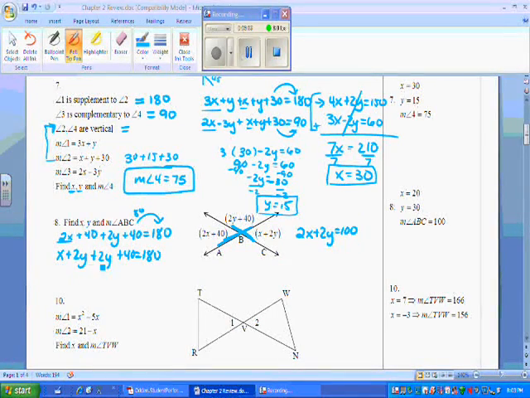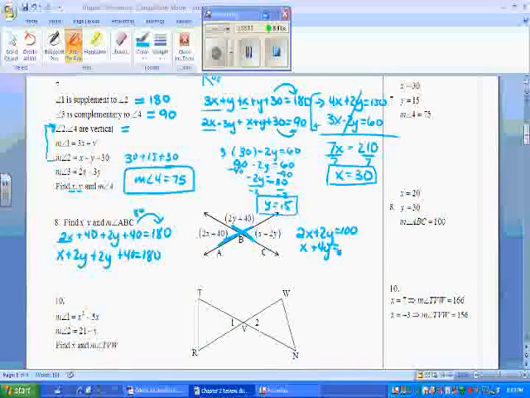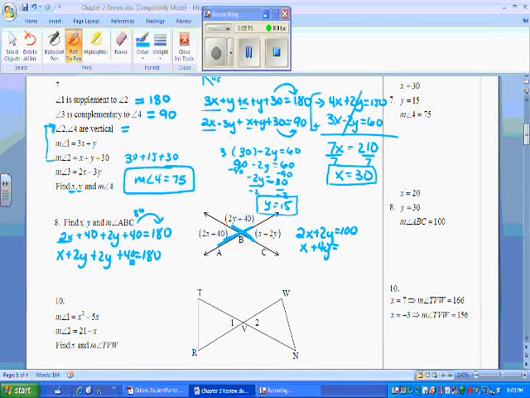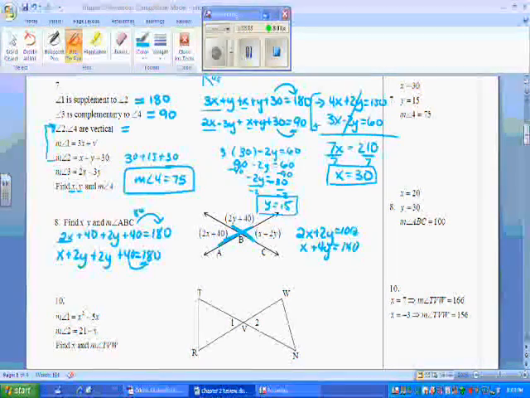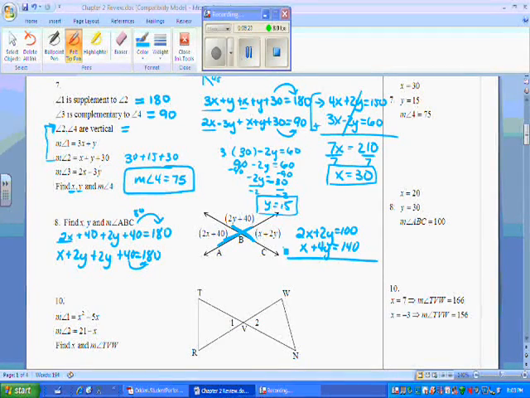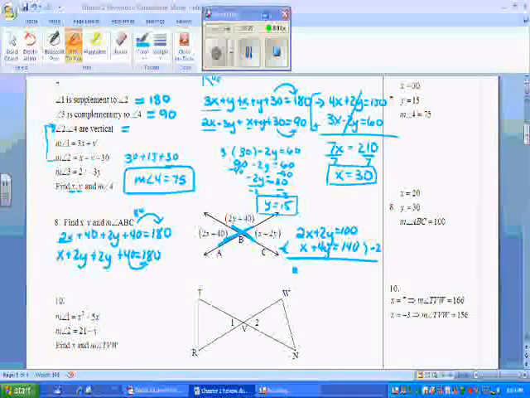And the second equation, we have x and then 4y, so then we get x plus 4y plus 40 equals 180, and the 40 moves this way to equal 140. What are you going to get rid of? Let's get rid of the x's, so we'll multiply this one by negative 2.